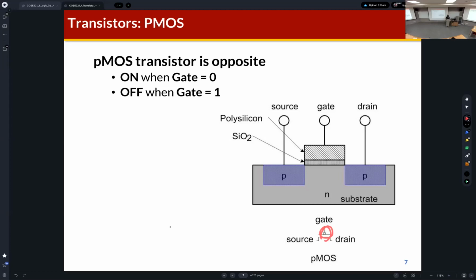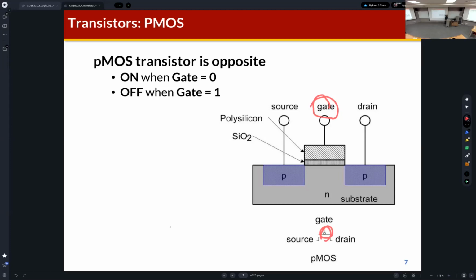Right. So actually, when we learned about the NMOS transistor, I explained that the channel is generated if the gate is connected to the high voltage, which is the 1. But PMOS is opposite, because of this bubble. The PMOS transistor is turned on if the gate is connected to ground.